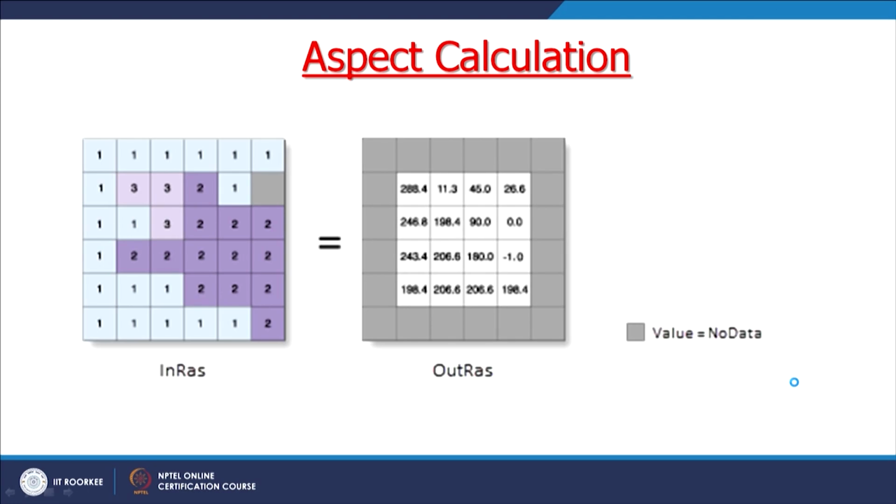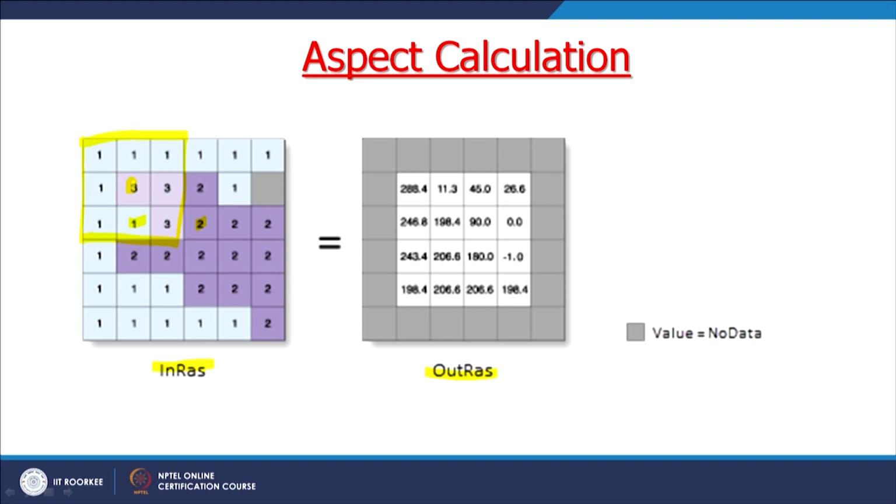For example, here we have an input raster. For simplicity, the cell values have been kept as either 1, 2 or 3. Here this is the output raster, and based on the surrounding of each cell, if I take this example of this 3, then the neighbors will be considered, and whichever has a lower value may be assigned that direction.